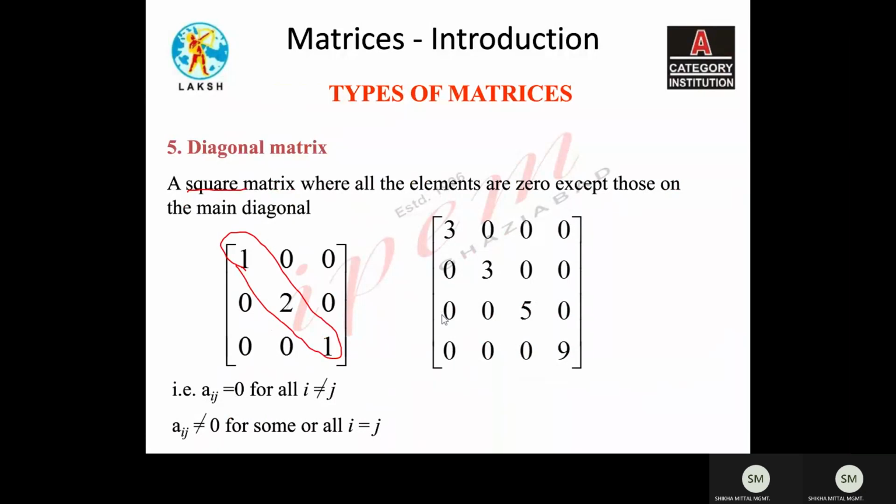In the second example, the matrix is of order 4 by 4. There are 4 rows and 4 columns. So this is a square matrix and the main diagonal is 3, 3, 5, 9. How do we check?